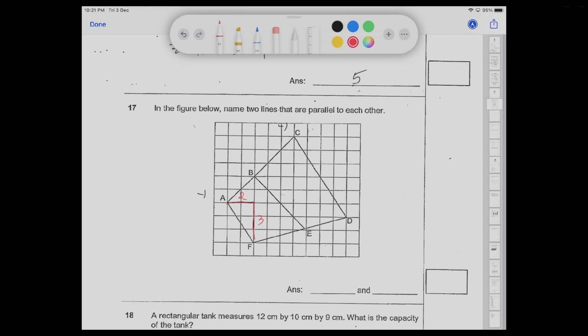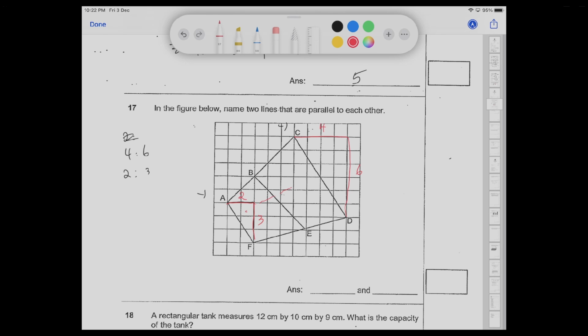Actually, if we bring this over to CD, we'll see that it also makes the same triangle. Length here is 4 and height here is 6. And in fact, the ratio of 4, 6 can simplify to 2, 3. This is actually a secondary school concept, but it proves that if the ratios are the same, the lines are parallel to each other.